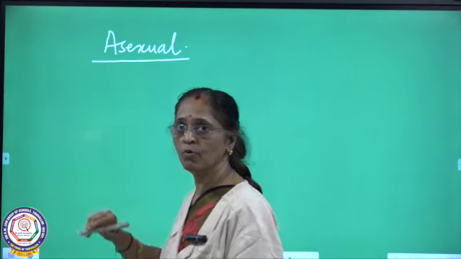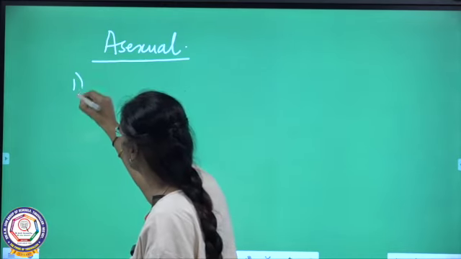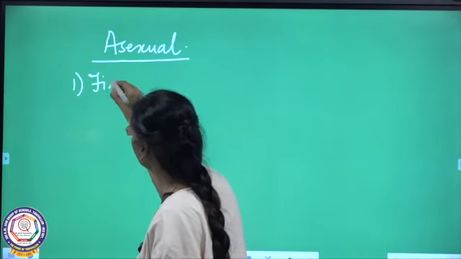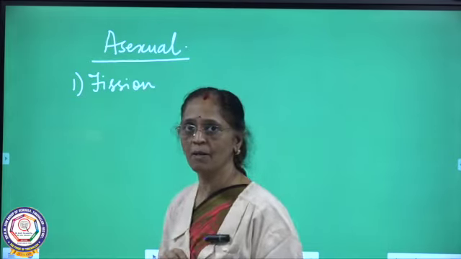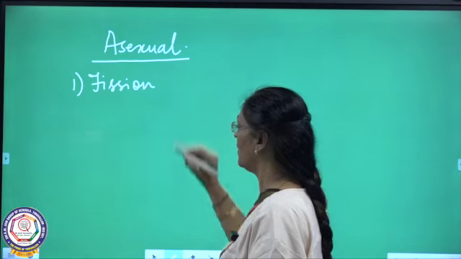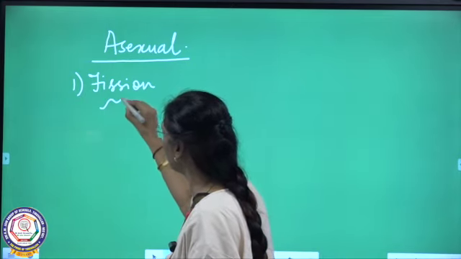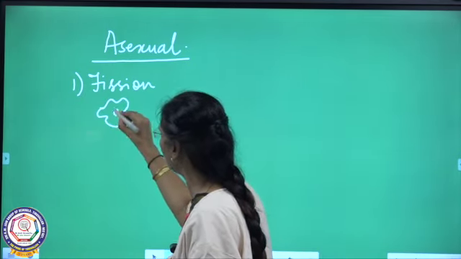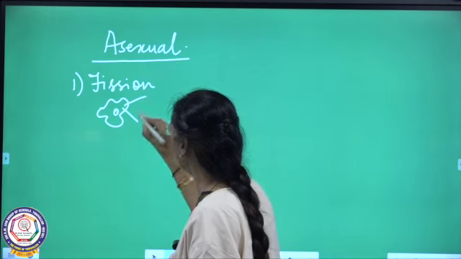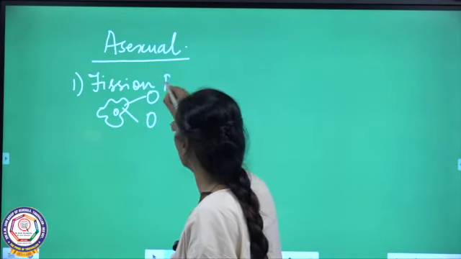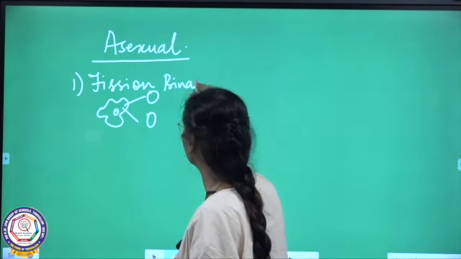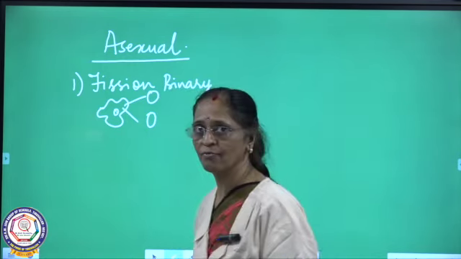In this asexual mode of reproduction, the first example which we are going to see is fission. The example is amoeba or paramecium. Here, a single amoeba divides into two, and this fission is called binary fission because two individuals are formed.